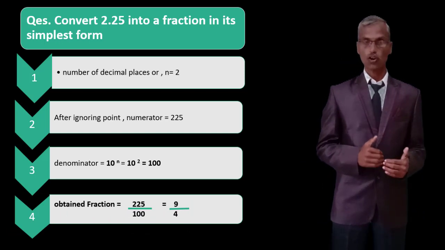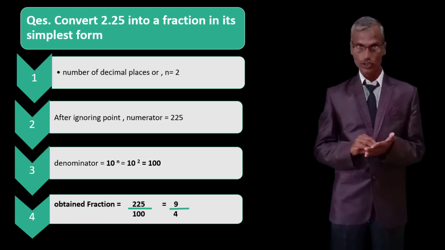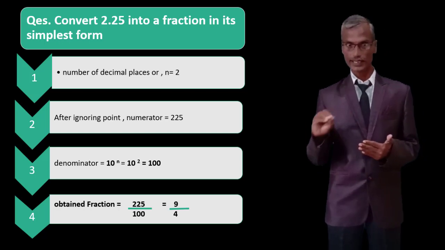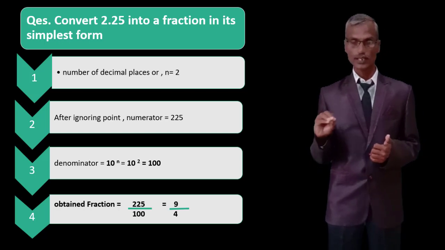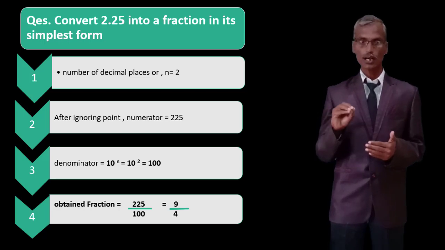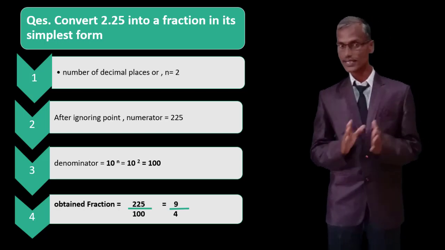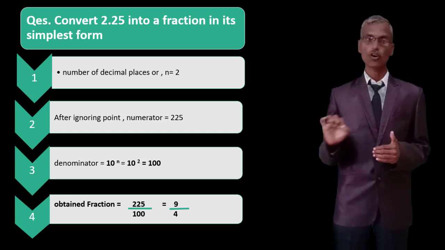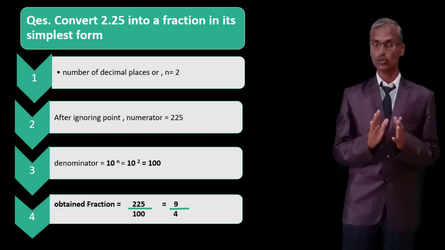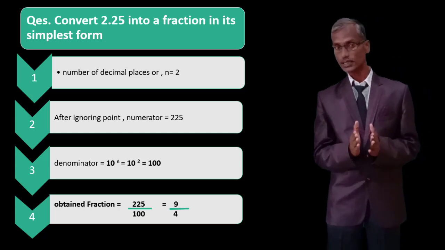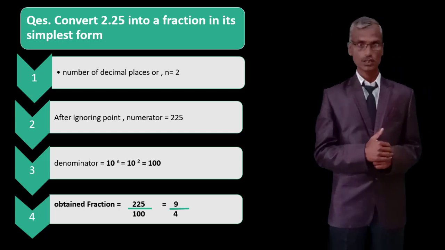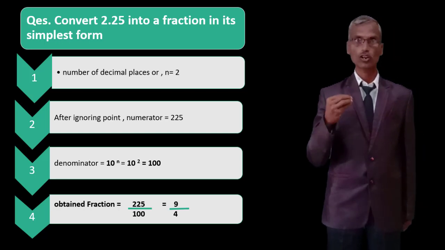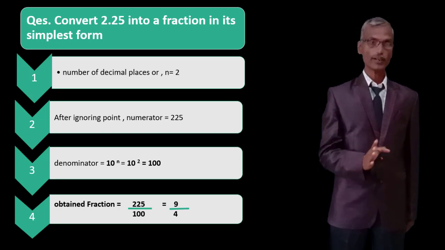Step 4, obtained fraction is equal to numerator upon denominator. Here numerator is 225 and denominator is 100. Hence the fraction will be 225 upon 100. Now we convert it into its simplest form. 225 and 100 both are multiples of 25.